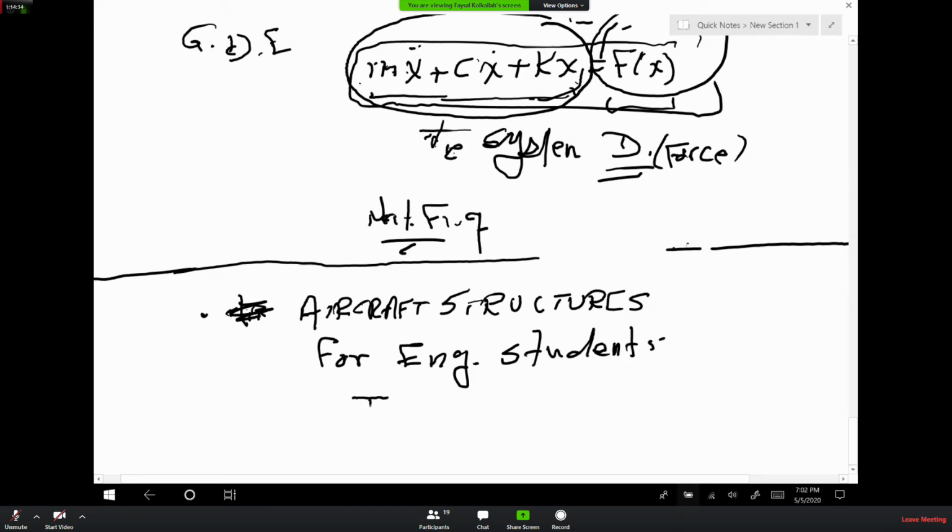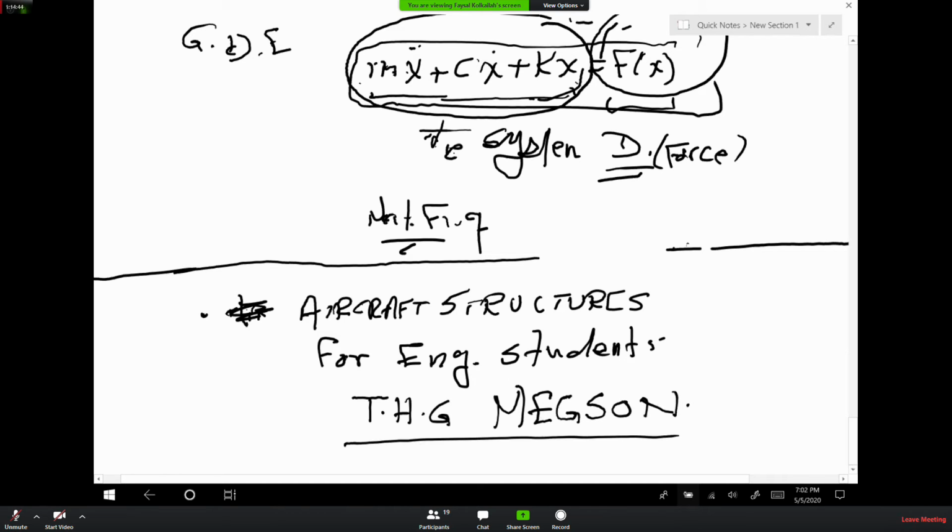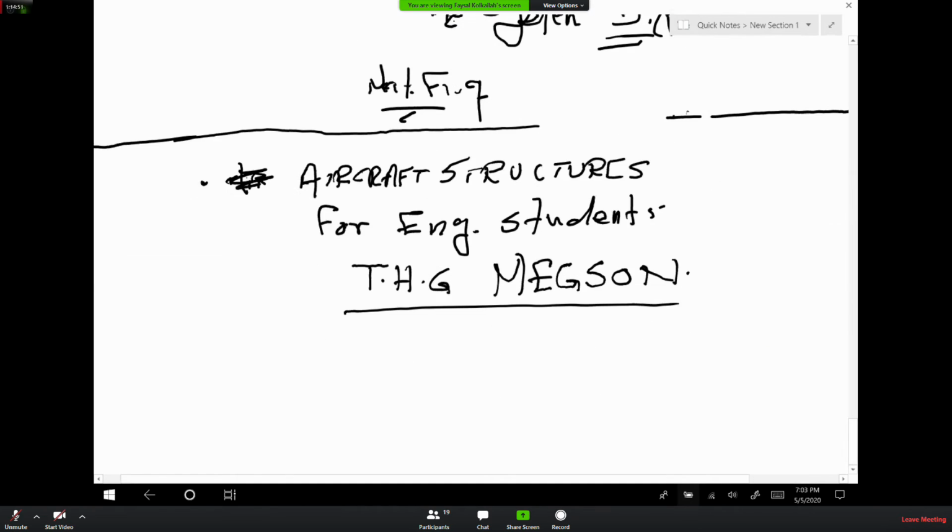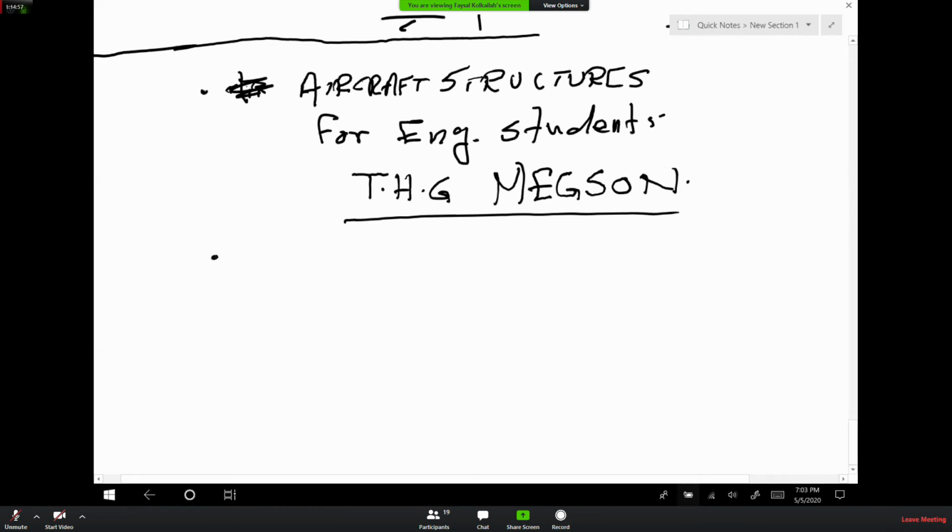The author is T.H.G. Megson. I'm sure a good number of you know that book because, if I'm not mistaken, you have it in your design lab or class. Mainly, I am looking at chapter 8 and chapter 13. Chapter 8 is airworthiness.